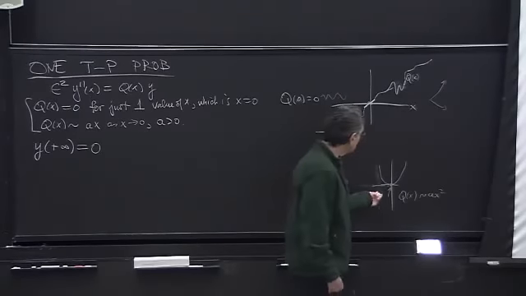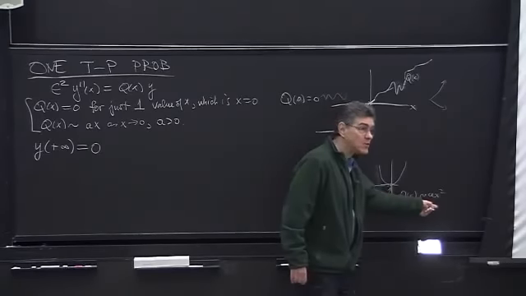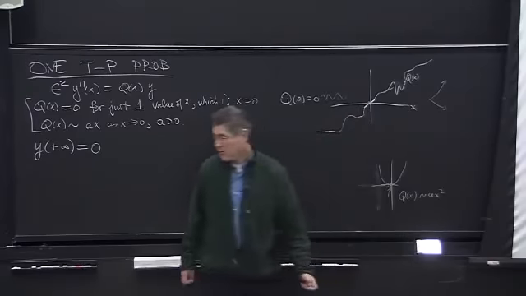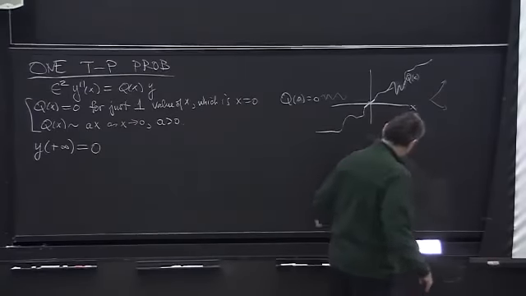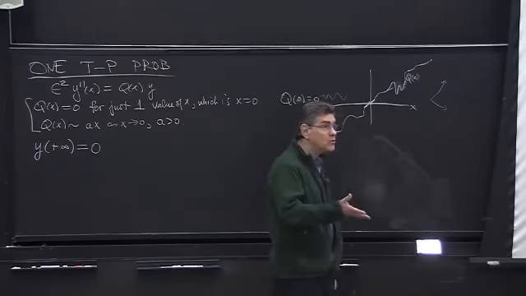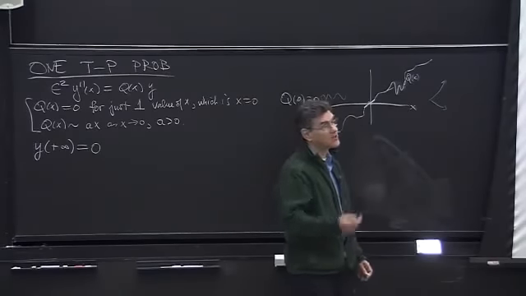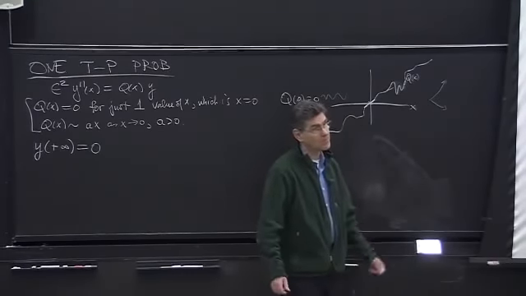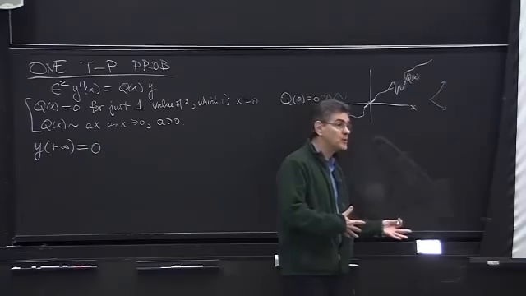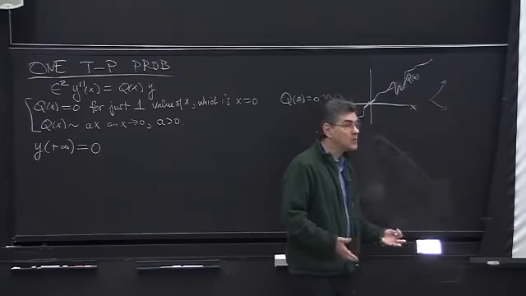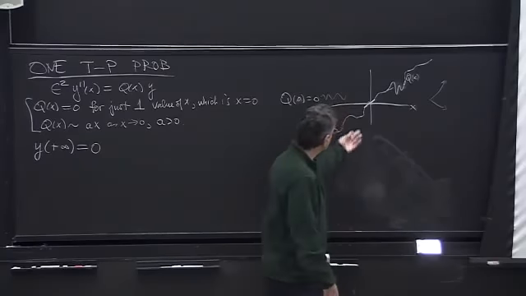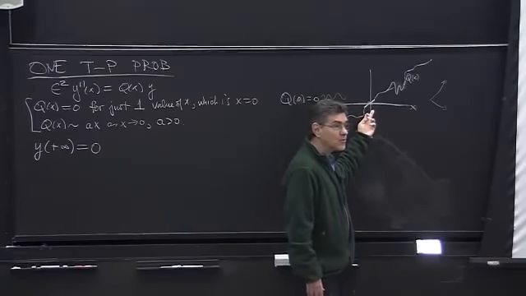But you could also assume that Q goes like ax cubed. However, the most likely possibility, if you expand Q in a Taylor series, is that it has a non-zero linear term. We know that the first term in the Taylor series is 0. And the most likely probability is that it has a linear term.